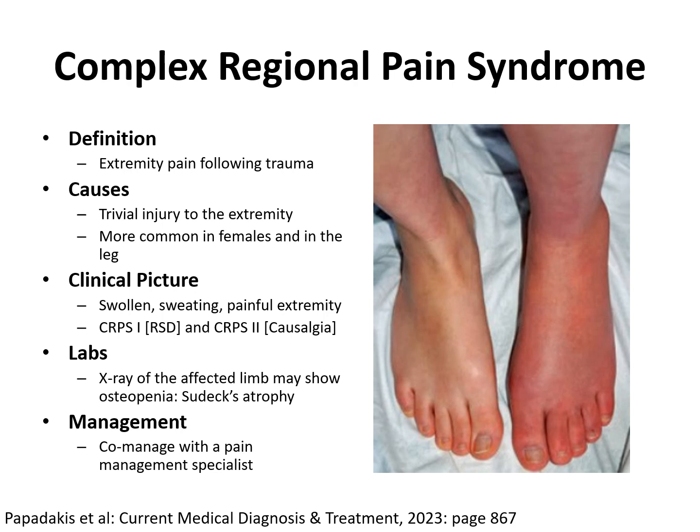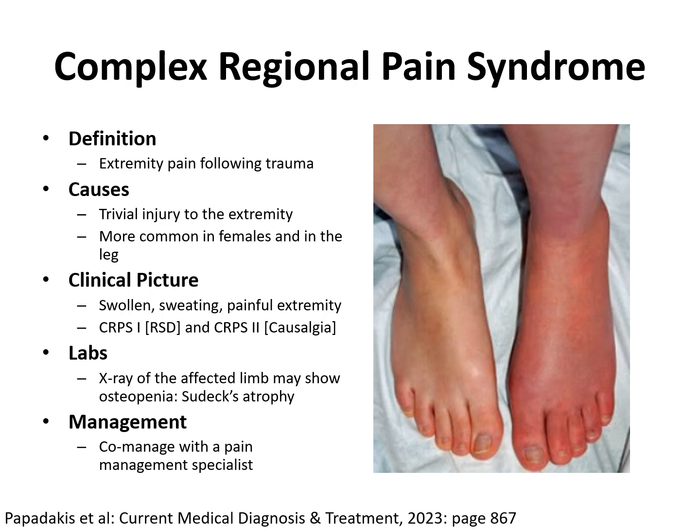Patients with CRPS, complex regional pain syndrome, will present with a limb that is swollen, it's sweating, and it's very painful. There are two varieties of CRPS, CRPS1 and CRPS2.